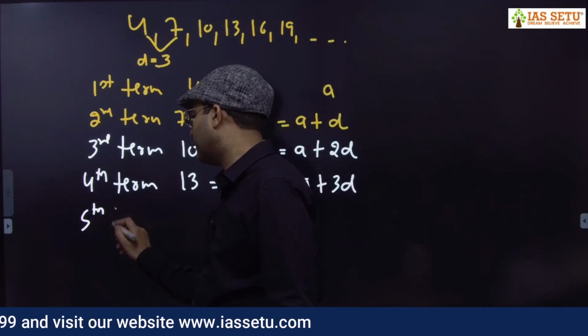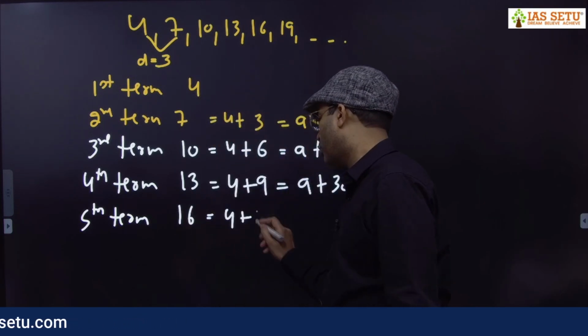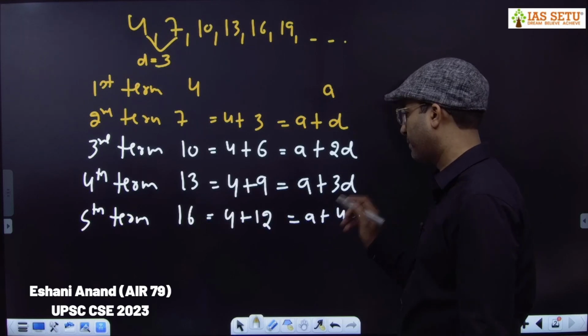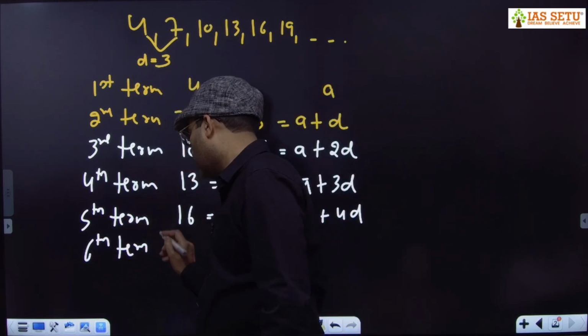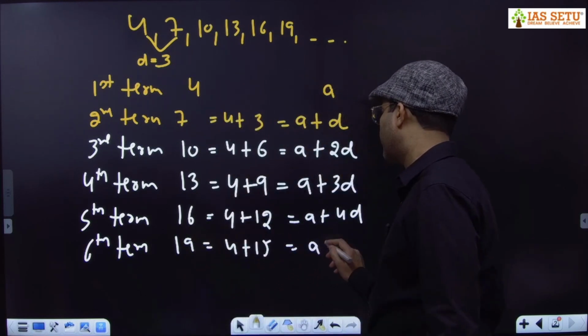Next is the fifth term, that is 16, 4 plus 12, A plus 4D. Next, the sixth term, 19. So we can write it as A plus 5D.